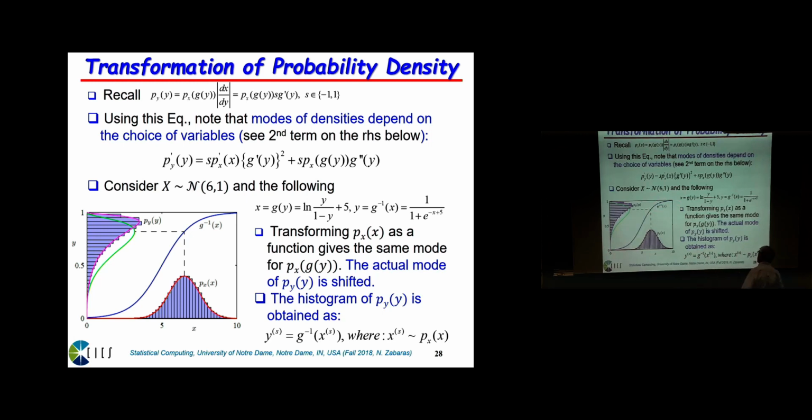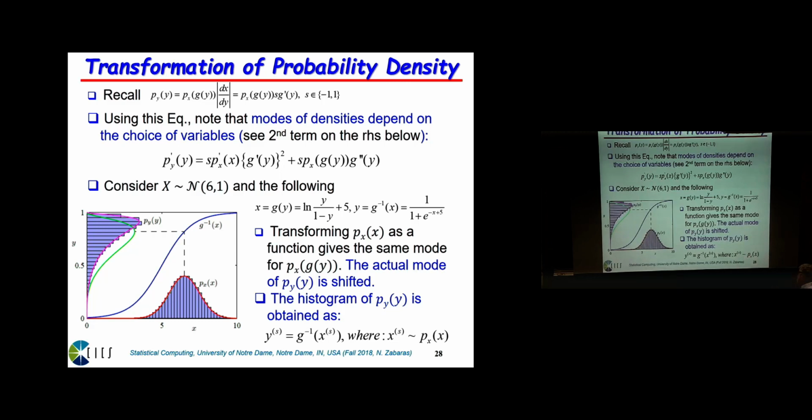Now, someone will say, oh, you know what? I can take each of these values, transform it like this, and come up with this nice curve that you see there, orange, yellow. That's the wrong answer. It's wrong because you haven't accounted for this Jacobian of the transformation.